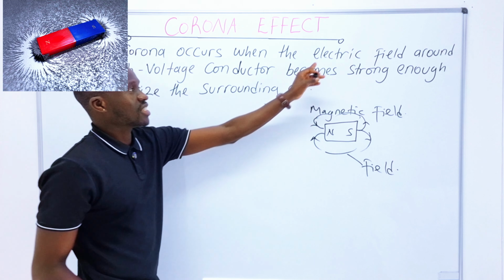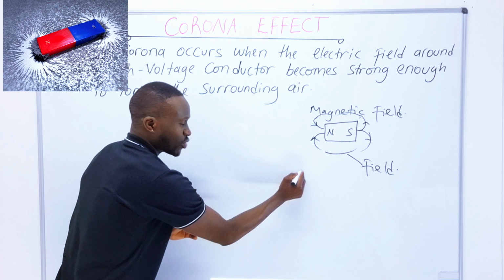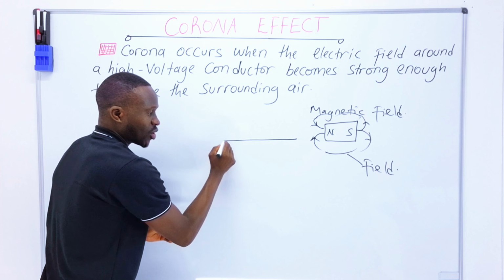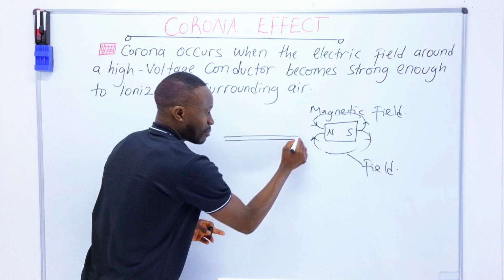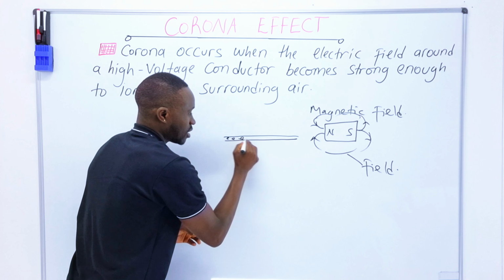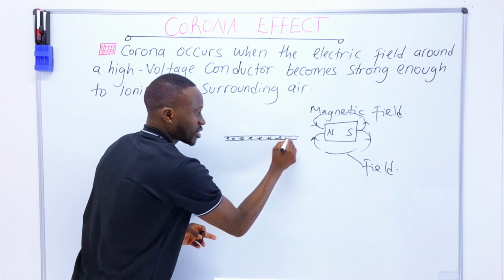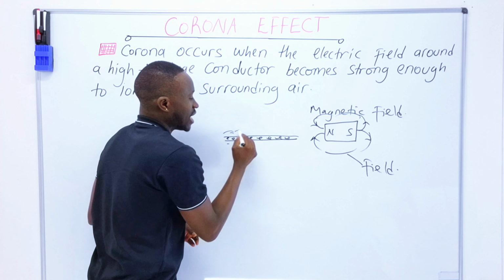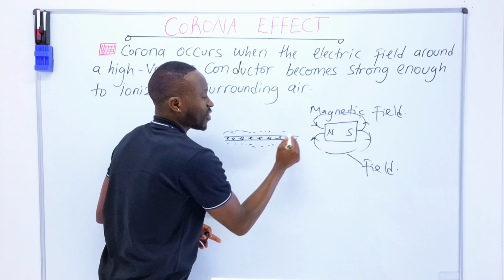Now, for an electric field, take your mind to be a cable. When electricity is passing through this cable, these are electrons passing through this cable. The surrounding area is the field.